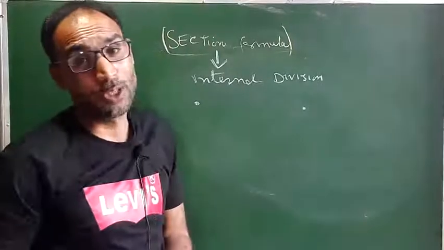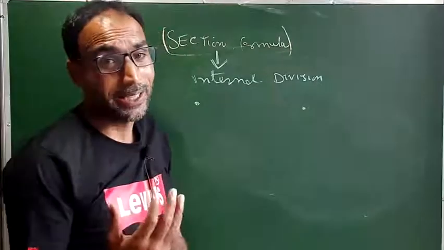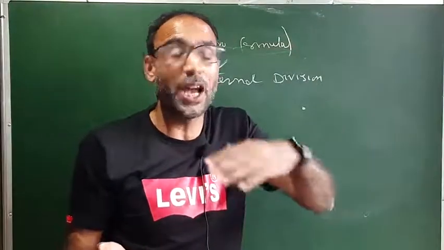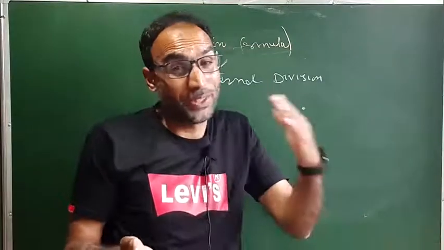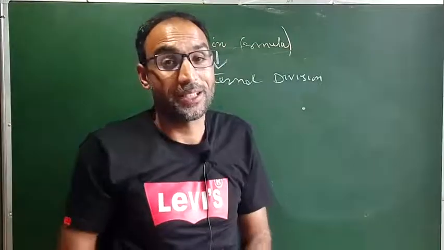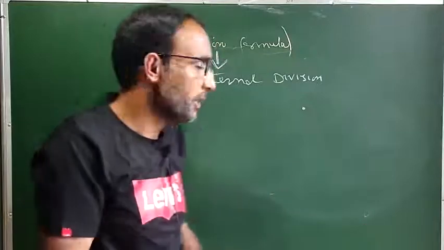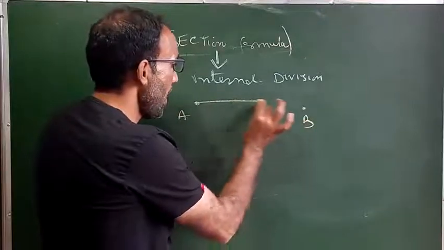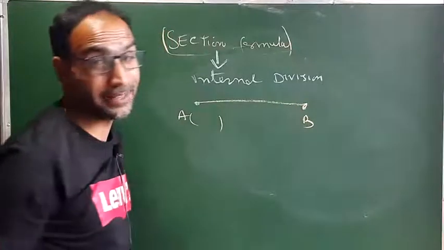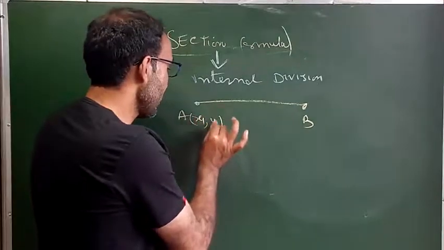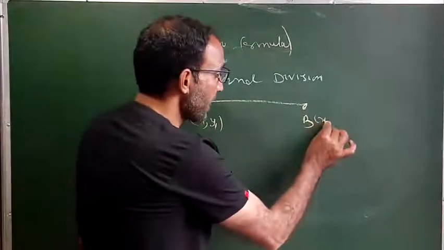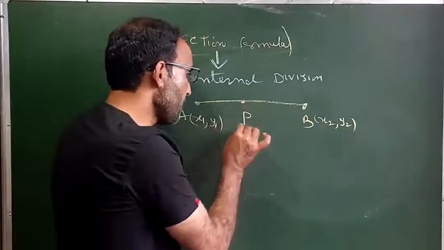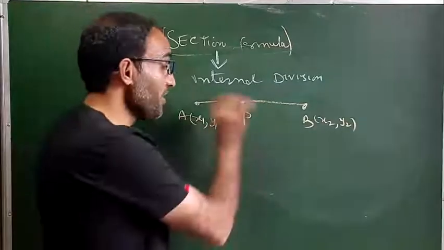तो ये जो सेक्शन फार्मूला है, इससे हम क्या करते हैं, जैसे कि मैंने आपको पढ़ाया, with the help of distance formula we determine the distance between any two given points. But with the help of section formula, यानी सेक्शन फार्मूला से हम क्या करते हैं, if we are given a line segment AB and we are given the ends of this line segment as x1 y1 and x2 y2, and here is a point P which divides this line segment AB internally.